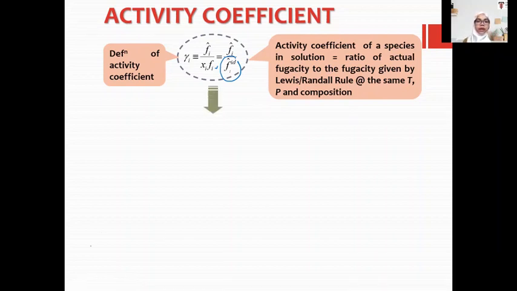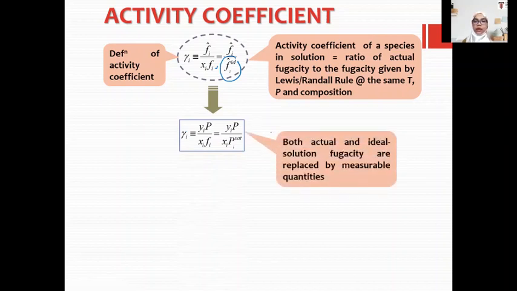By simplifying this equation, we can compare it with the modified Raoult's law. With the introduction of the activity coefficient, this is for both actual and ideal solution fugacity. We can replace it with the modified Raoult's law because it is a measurable quantity, compared to using the Lewis-Randall rule to solve it.